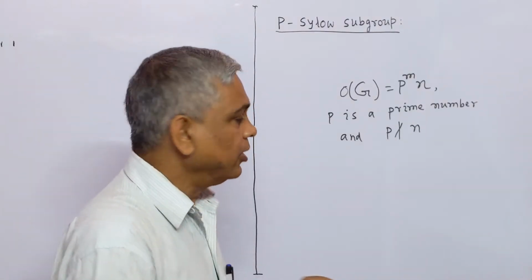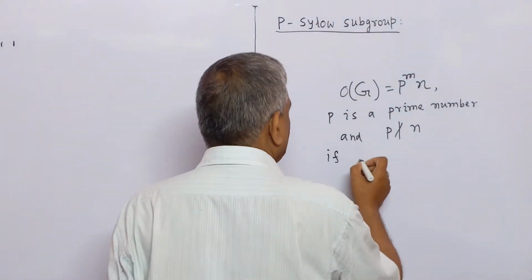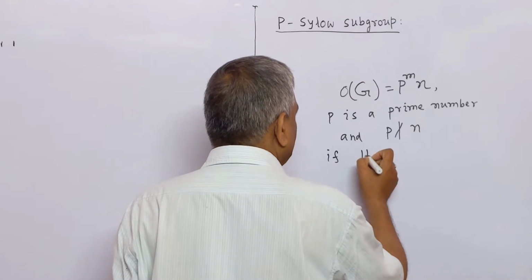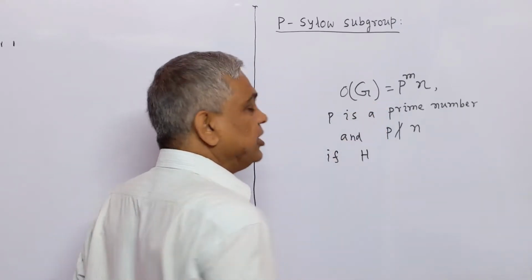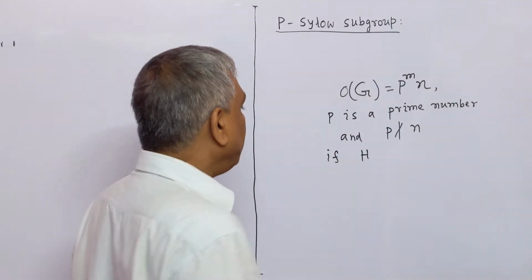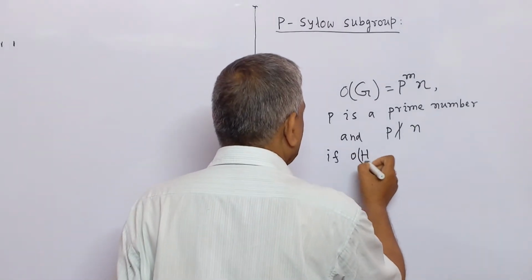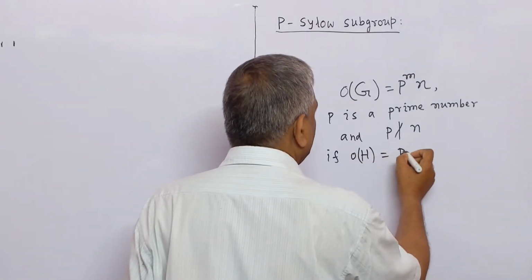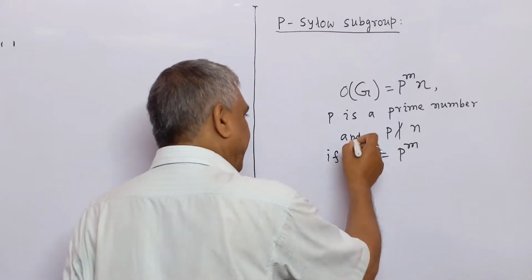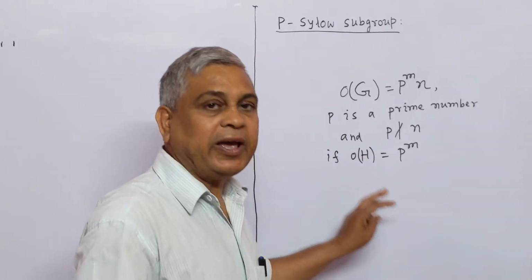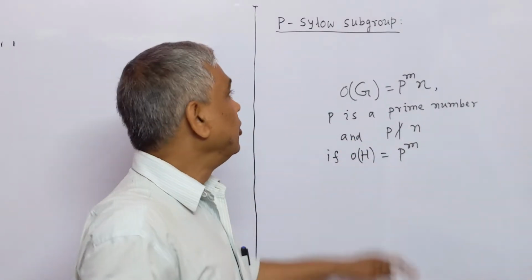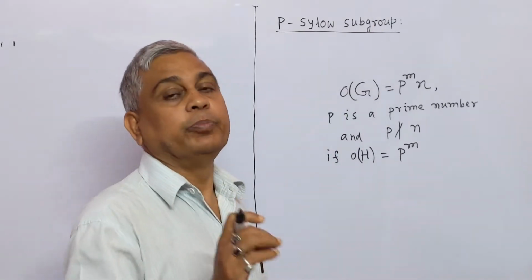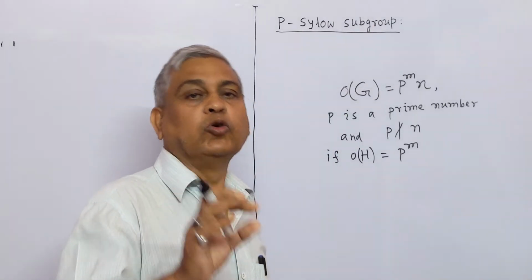Then if there exists a subgroup H of G of order P to the power m, then the subgroup H is called P-Sylow Subgroup of group G.